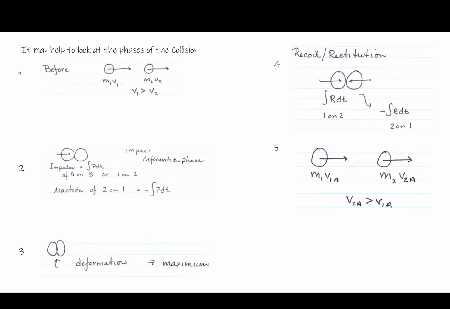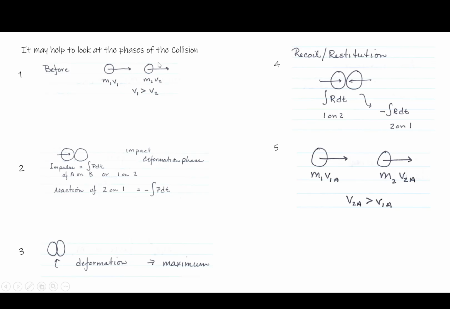So when we look at those central impacts, there are two primary equations that we're going to deal with when we solve this. But let's look at our collision in phases before we get to those equations. One, before the impact, I've got two rigid balls, and we're going to make the assumption, just for this diagram to work, that the velocity of 1 is greater than the velocity of 2.